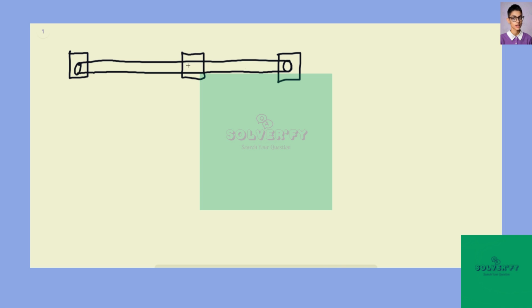So this would be M, M, M. And then we know that the rod itself has negligible mass, so rod, no mass. And then we have our L, the length of this rod.